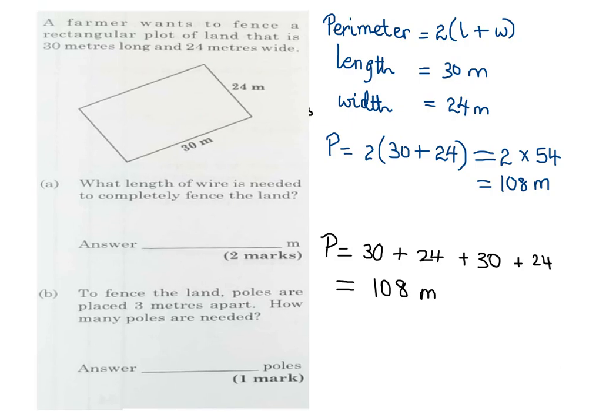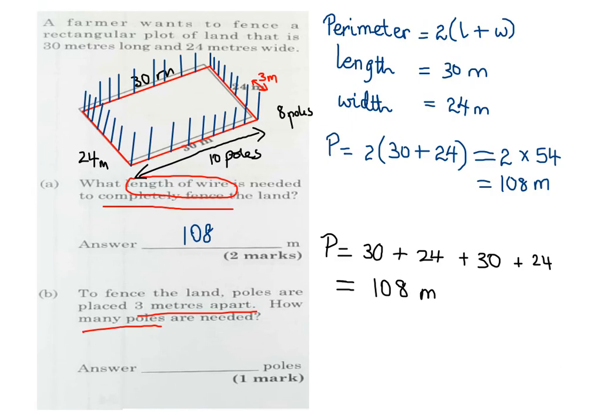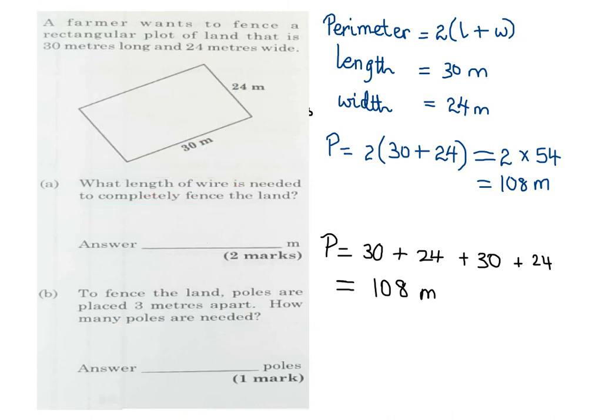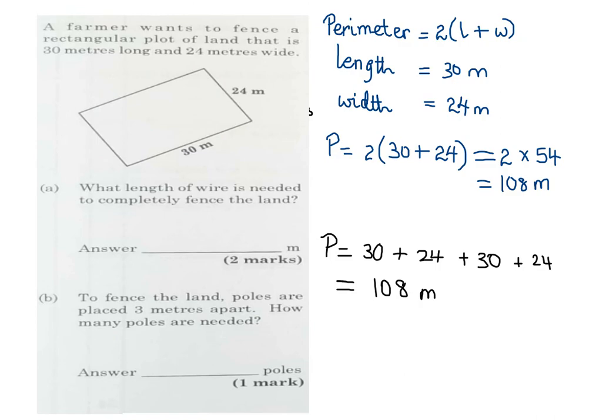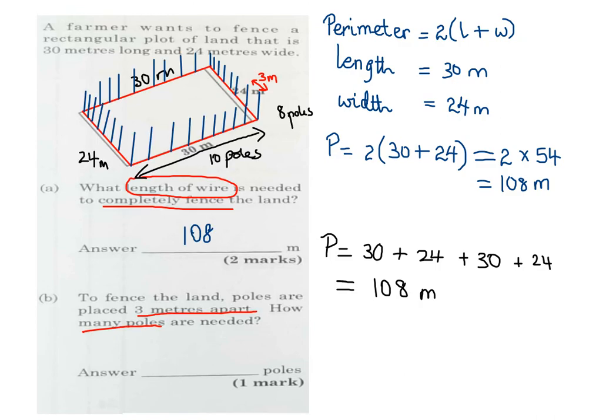Okay, so basically, because it is a 1 mark question, what I would suggest is, in a case like this, if you want to be able to get the answer, you can do that little bit of reasoning there, right? You can use that little bit of reasoning.